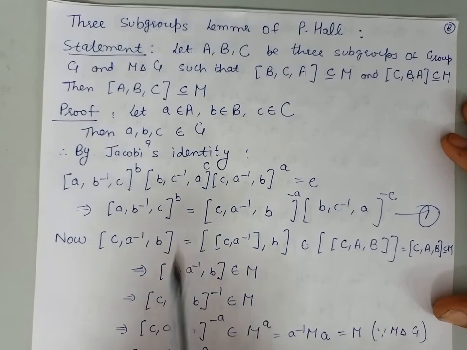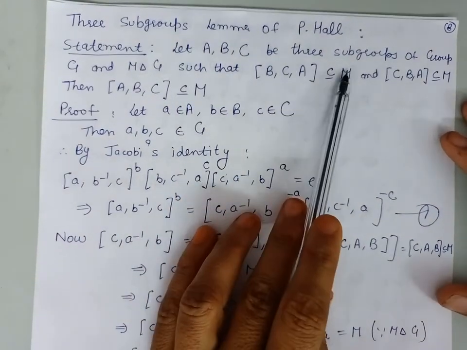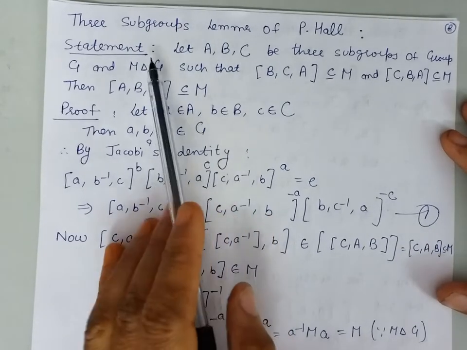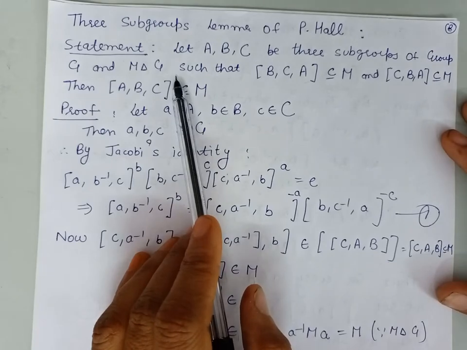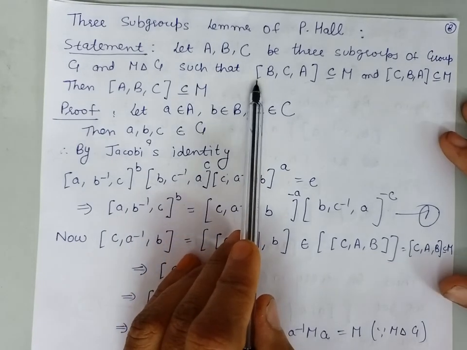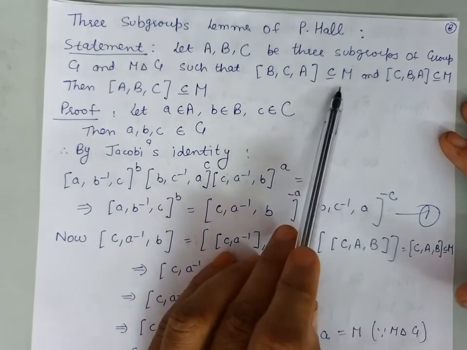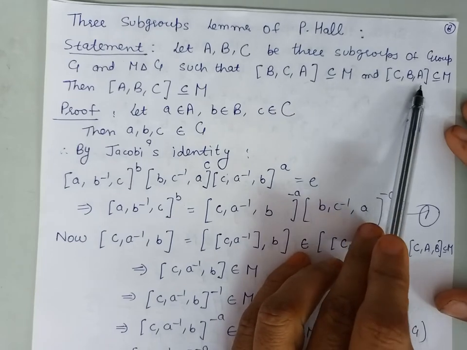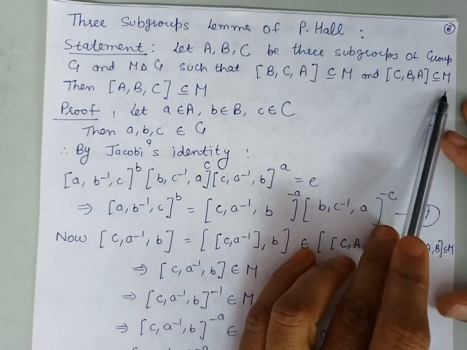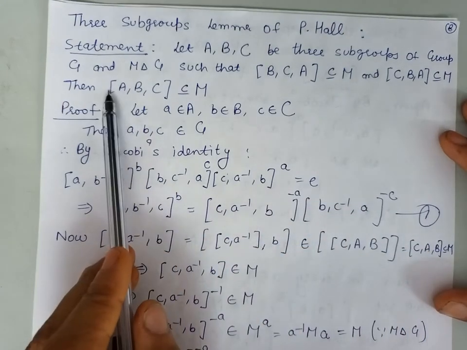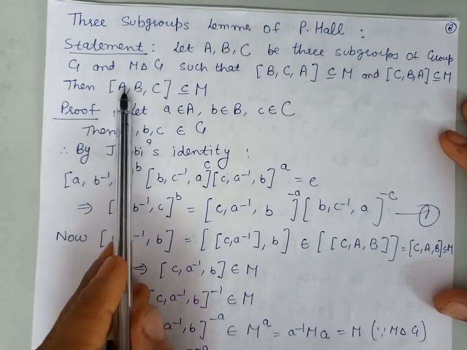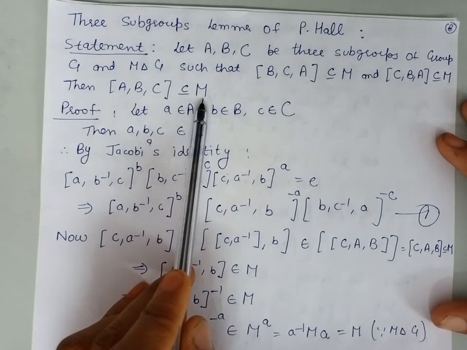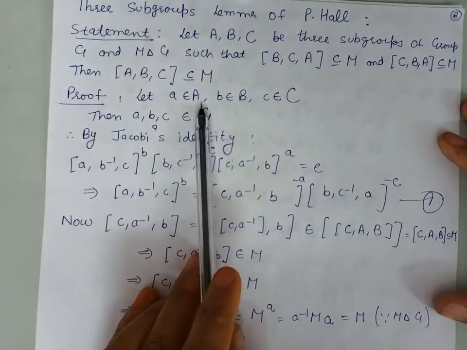So, according to this lemma, if we have three subgroups A, B, C of a group G, and M is a normal subgroup of G, such that the commutator of the three subgroups B, C and A is contained in M, and the commutator of the subgroups C, A and B is contained in M, then we are to prove that the commutator formed by the subgroups A, B and C is also contained in M. In order to prove this lemma, we will use Jacobi's identity.